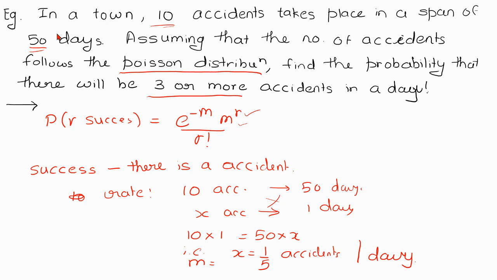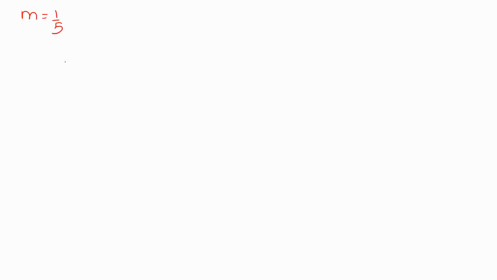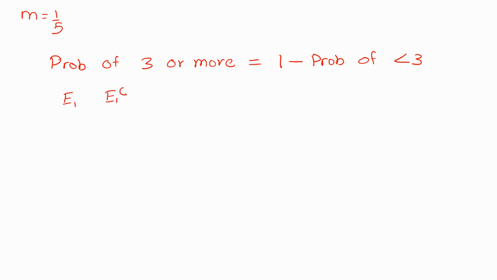So in this case, the easier way is: probability of 3 or more will be equal to 1 minus probability of strictly less than 3. These are like complementary events, an event and its complement. This is 3 or more, and this is strictly less than 3.